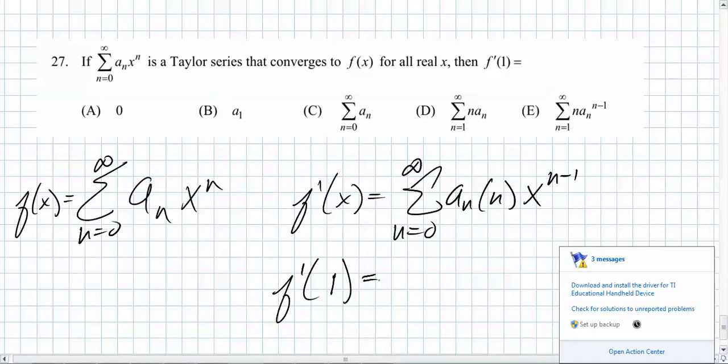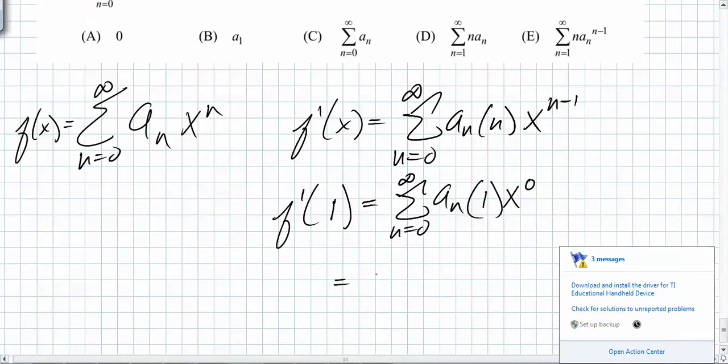When you plug 1 in, what happens? Literally, plug 1 into this. 1 to the n minus 1, so you end up with the sum of n times a sub n.